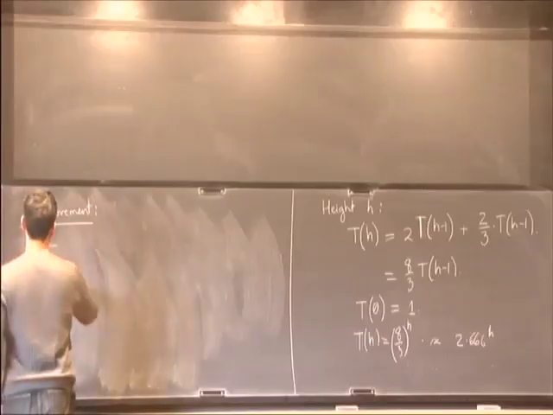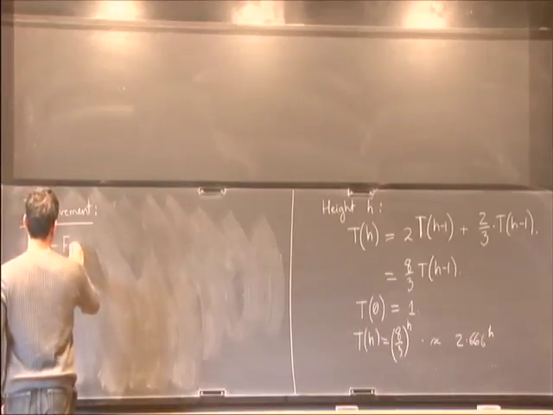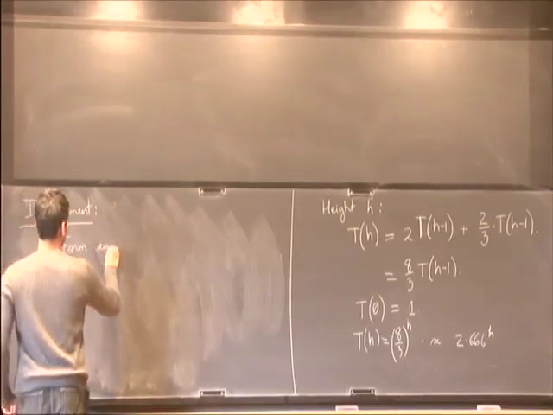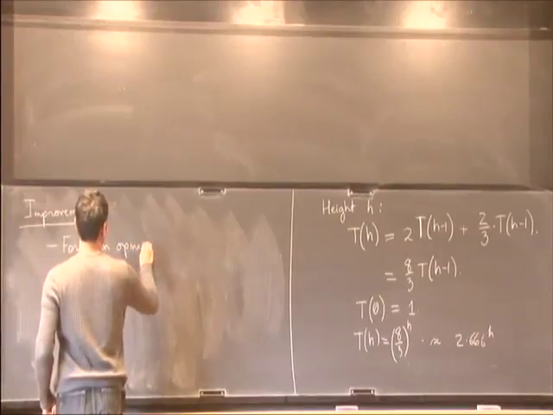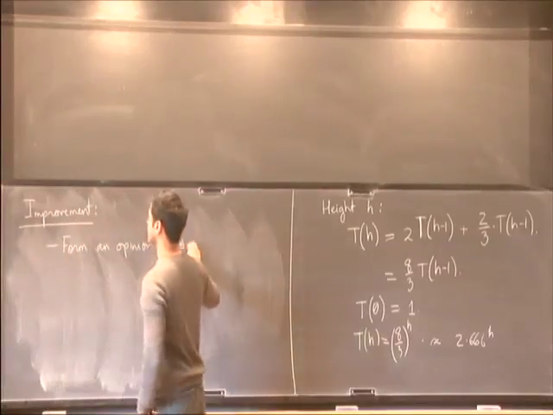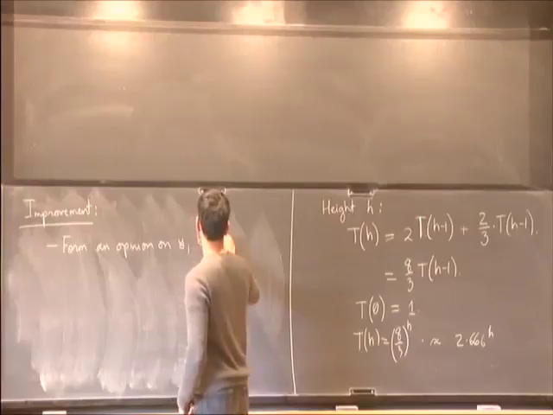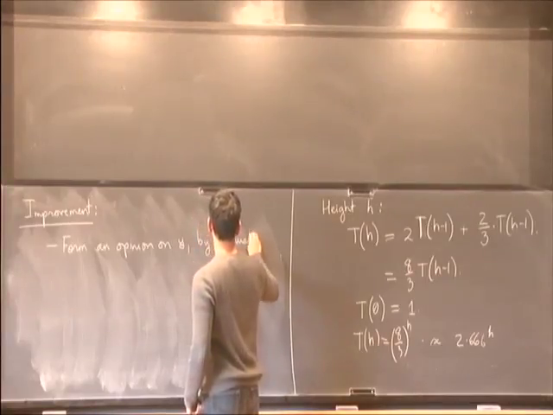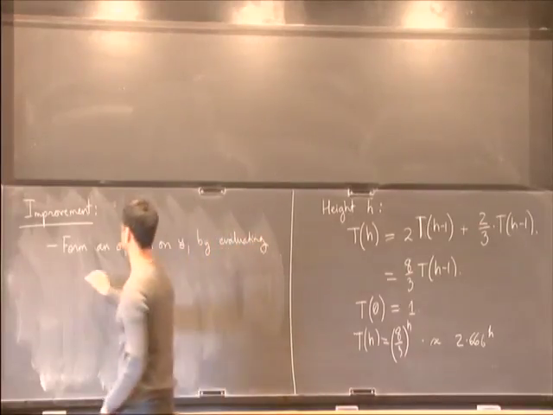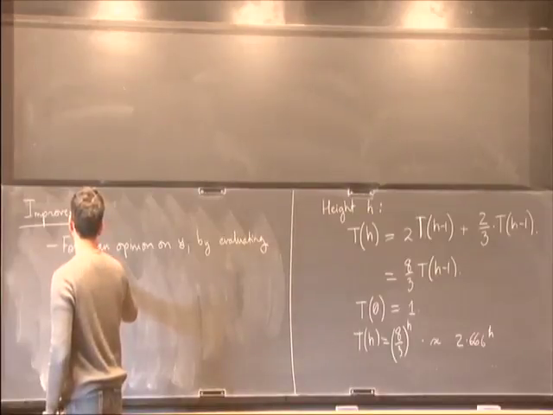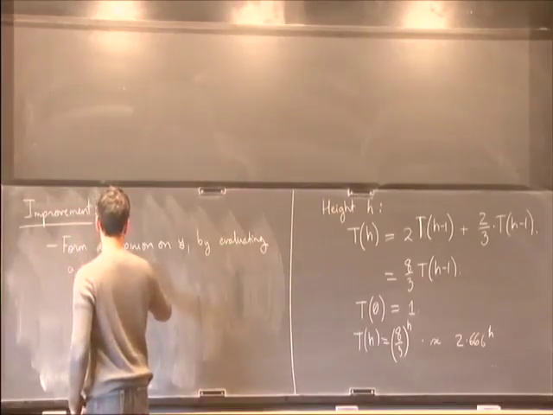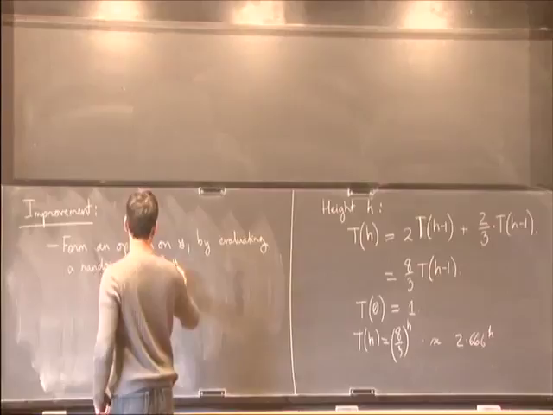So maybe I'll just write down the principles. Form an opinion on y1 by evaluating a random child of y1.